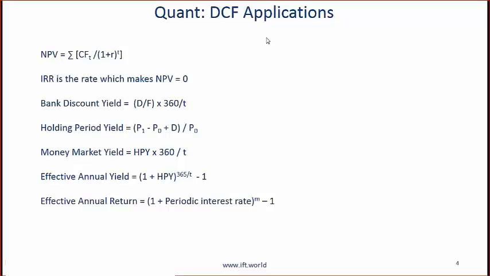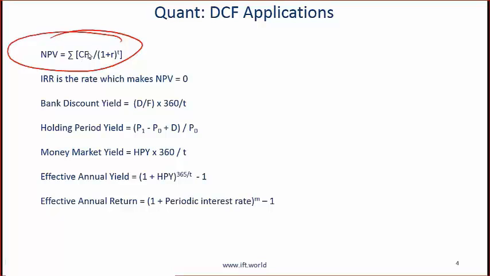Okay, discounted cash flow applications. I mentioned that there is a formula for NPV. So it's a summation of the present value of all the cash flows. But hopefully this is not something you need to memorize. This is something you just know. And on the exam, if you are calculating NPV, you do it on a calculator, plugging in the numbers.